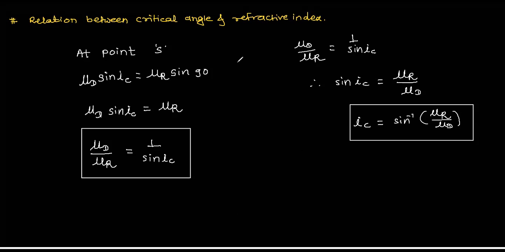Okay, so let's see some examples. As a note point, you can keep these values in mind, because whenever you solve any problem, they will be very useful. So the first one, glass air medium.